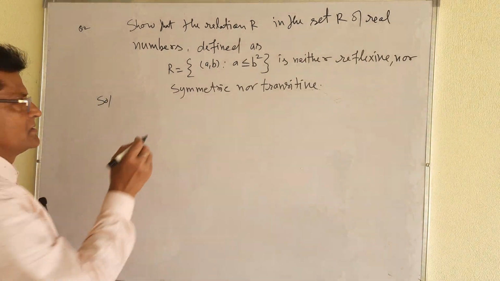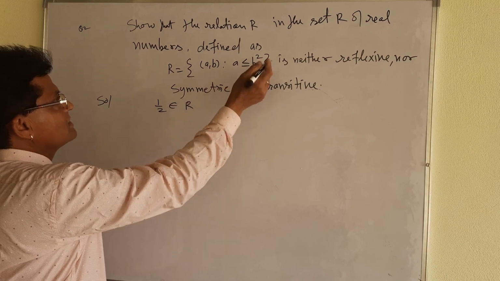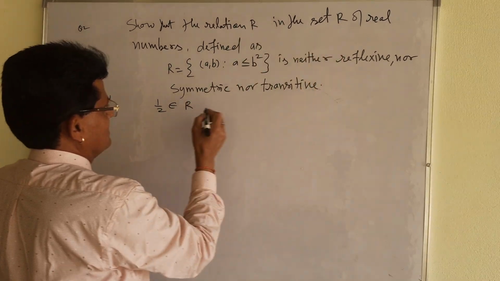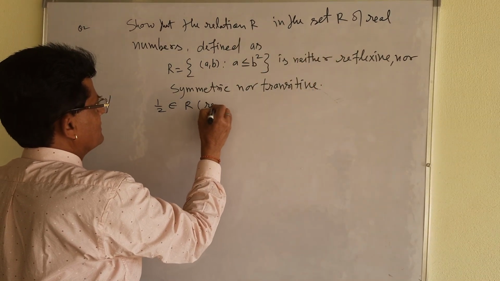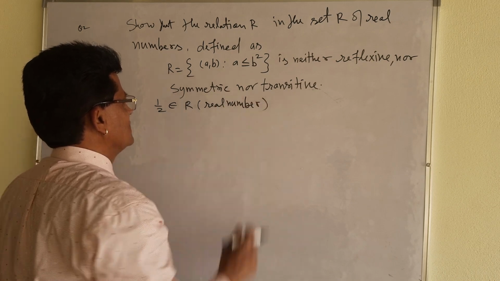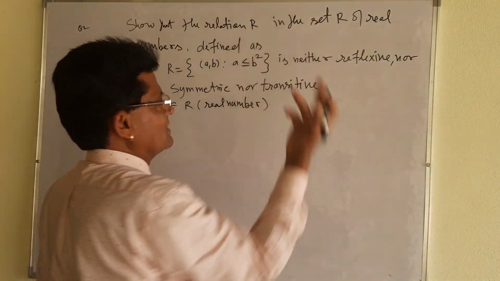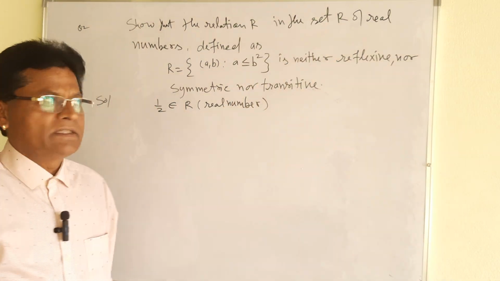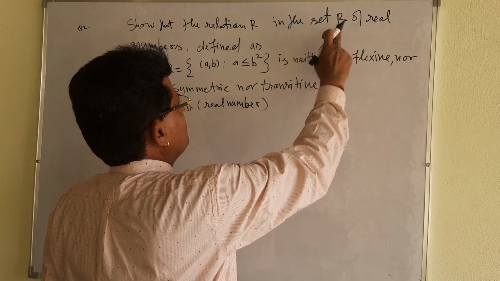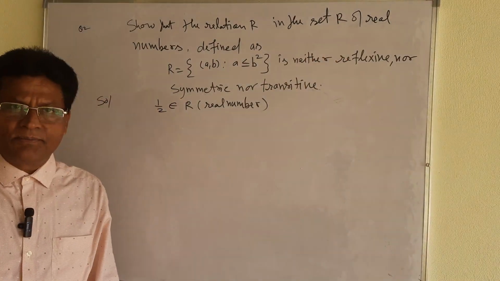Let me take, suppose, 1 by 2. 1 by 2 belongs to R. R what? Not this R, this R, set of real numbers. That is why I told you there should not be the confusion, because students get confused. Both are capital R. This is relation, which we will form as per the condition, and this is 1 by 2, a real number.